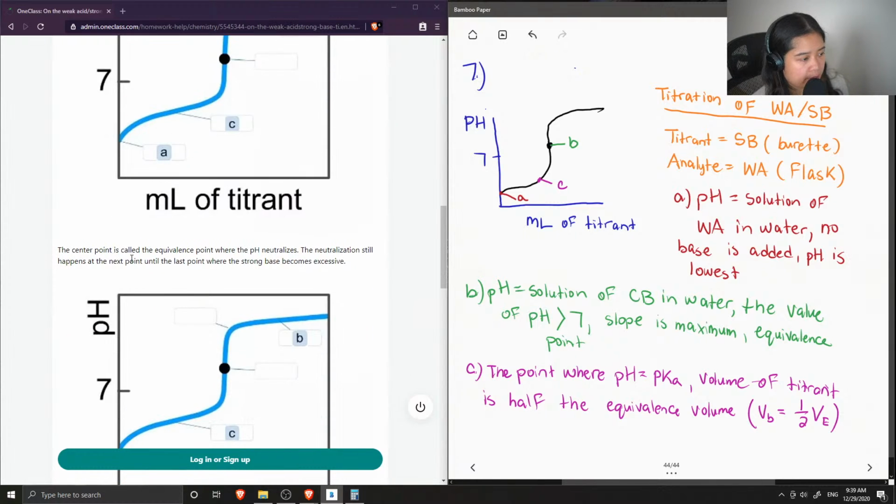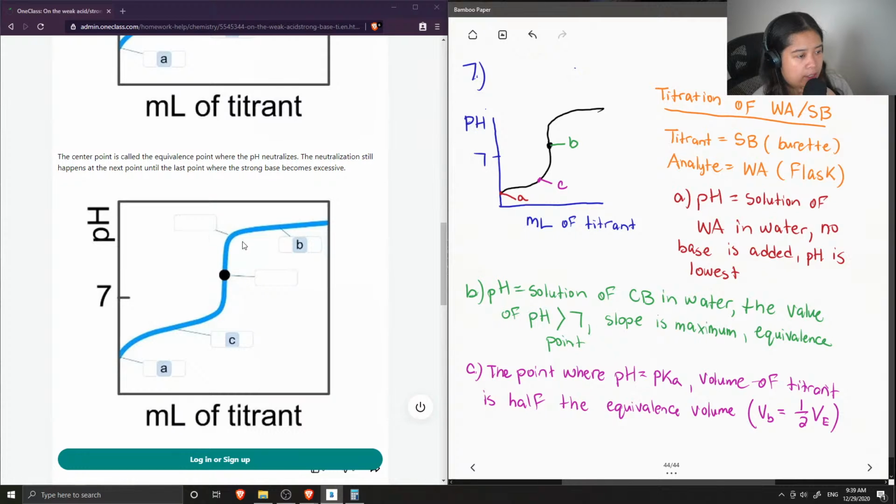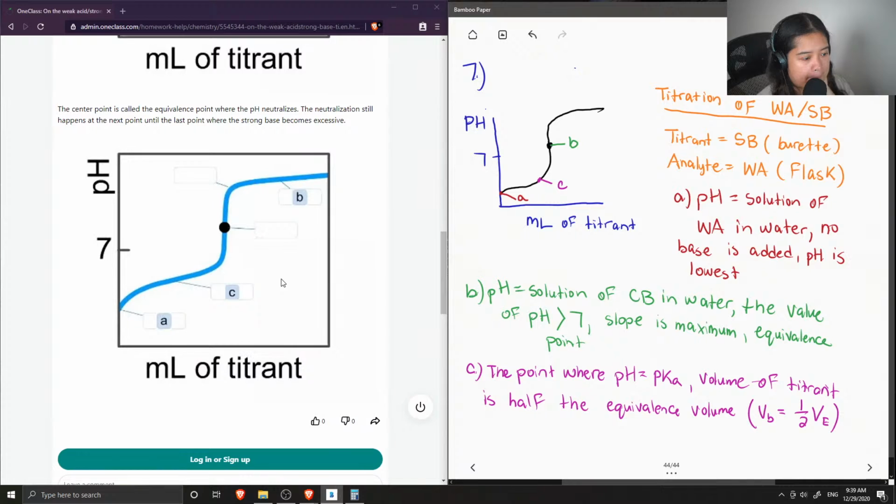The center point is called the equivalence point where the pH neutralizes. The neutralization still happens at the next point until the last point where the strong base becomes excessive. So you can also have B up there, but if we wanted the actual point where it corresponds to a solution of conjugate base in water, we can also just show that at the equivalence point.